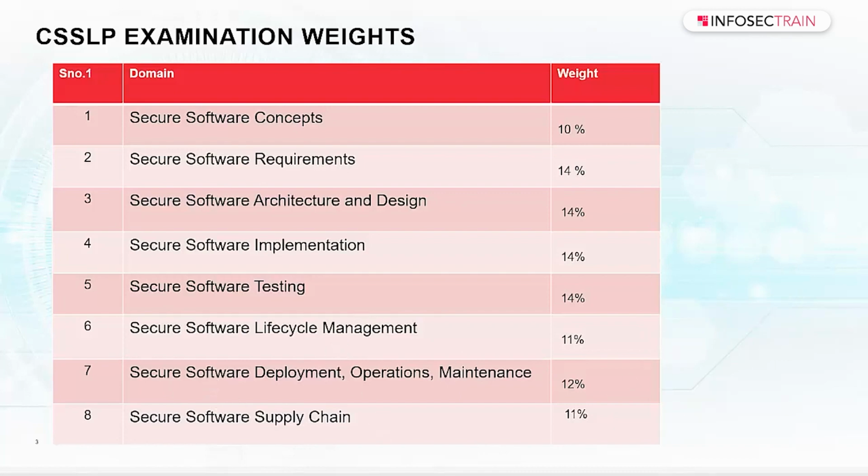Now the application is developed and we are planning to deploy it. We need a secure environment in which to deploy it, and that is covered in Domain 7, secure software deployment and operation. In this, we're going to discuss CI/CD, continuous integration and continuous delivery, which is a part of the new version of the syllabus.